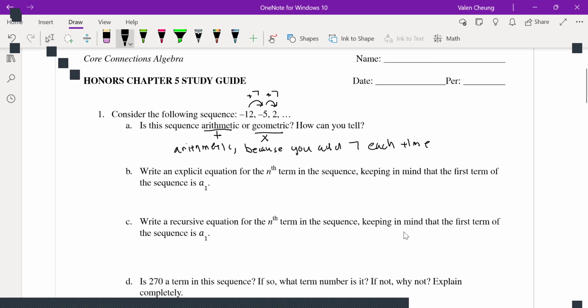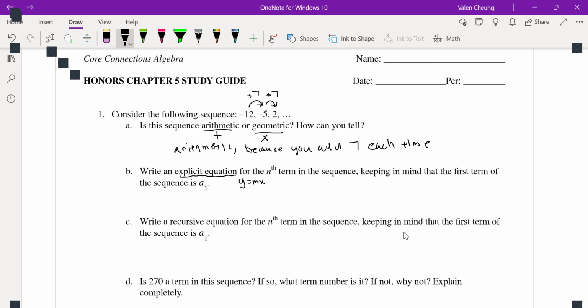Part B. Write an explicit equation for the nth term. So explicit is the same as our linear equation, y equals mx plus b. So for the m, the slope is adding 7 each time, and the starting value is going to be, well, our first term was -12.